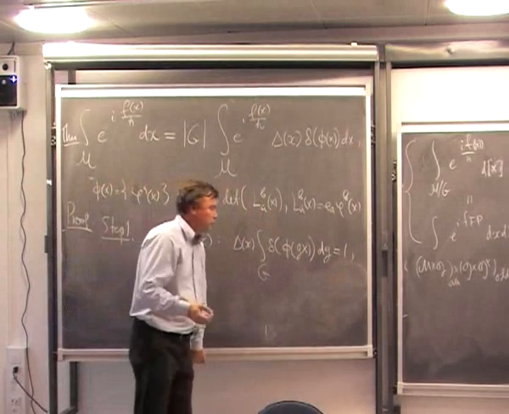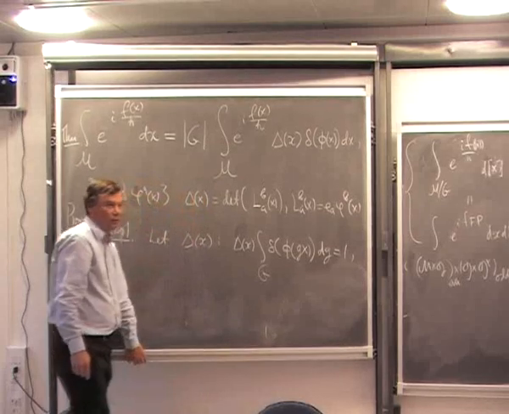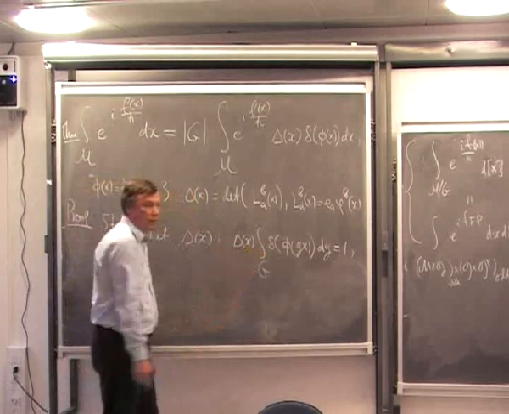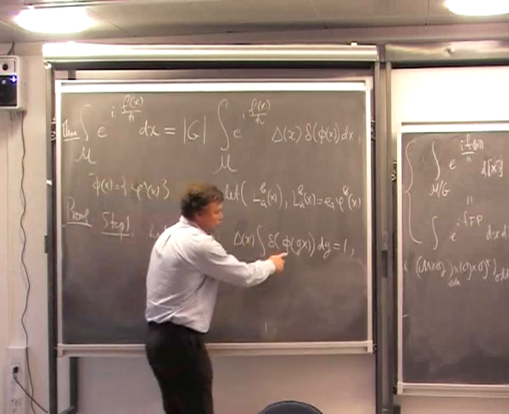Obviously my mistake in the morning was that I forgot about phi. So this delta depends on phi, and this is the distribution supported on the constraint surface.